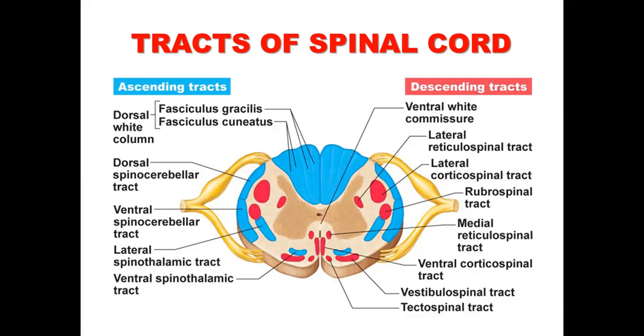But the fasciculus gracilis and fasciculus cuneatus carry the proprioception and fine touch from the same half of the body, from the ipsilateral side, because the cell bodies of the second order neurons for these sensations are located not in the spinal cord but in the brain stem, in the medulla oblongata, nucleus gracilis and nucleus cuneatus.